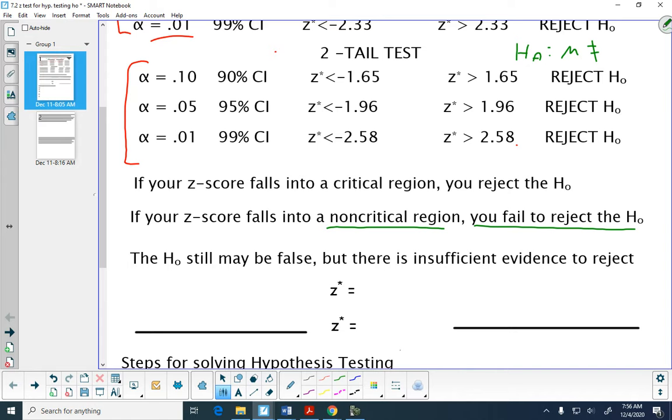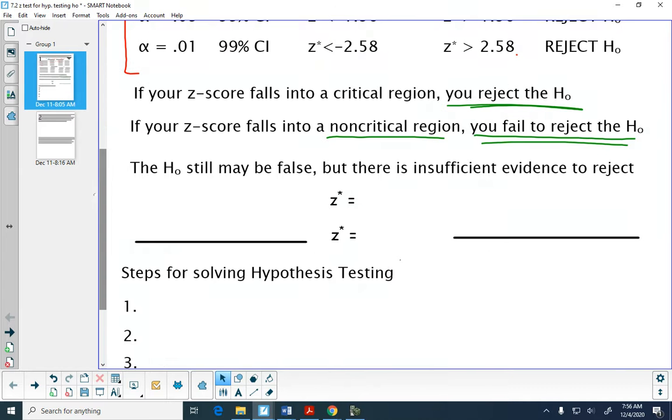So we may have to do a further study. So your solutions are going to be, you're either going to reject the null hypothesis or you're going to fail to reject the null hypothesis. And once again, the null hypothesis may be false, but there's not sufficient evidence to reject it.